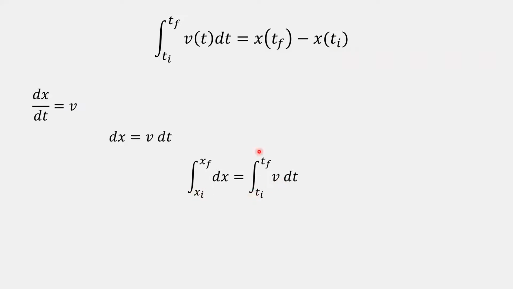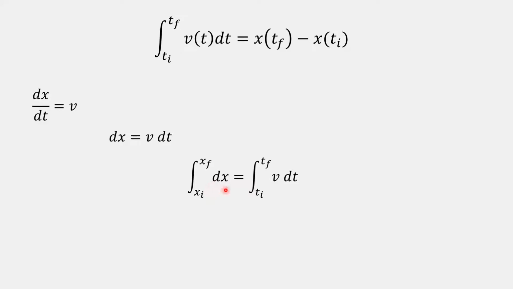Now, you could call these limits anything you want. You could call it t0 and t1, or t6 and t9. Doesn't matter. Here I've gone with t initial and t final, and that means that my limits of integration over here should correspond. If this is t initial, this would be the position at t initial. In other words, x initial. So x initial is the same thing as x evaluated at t initial.